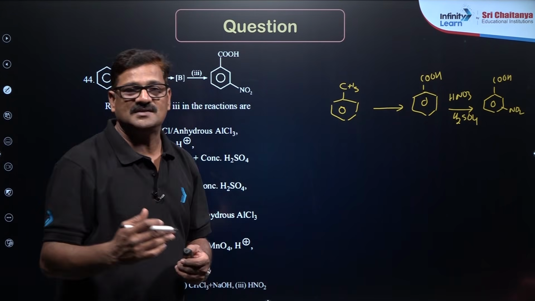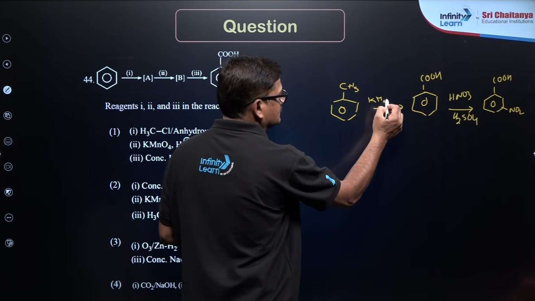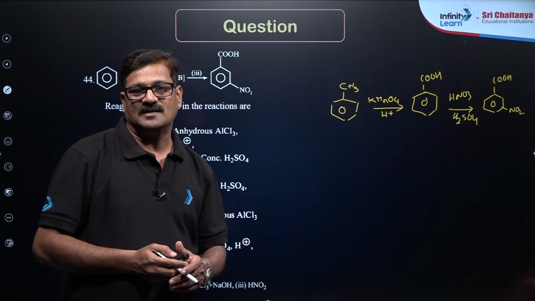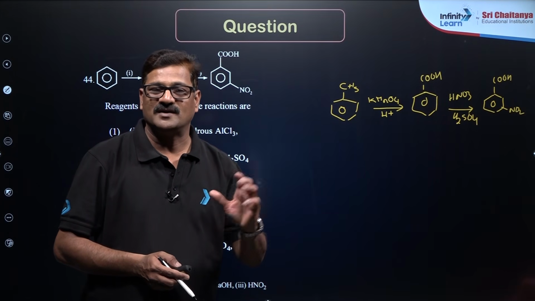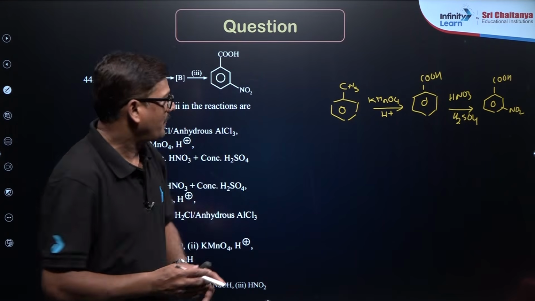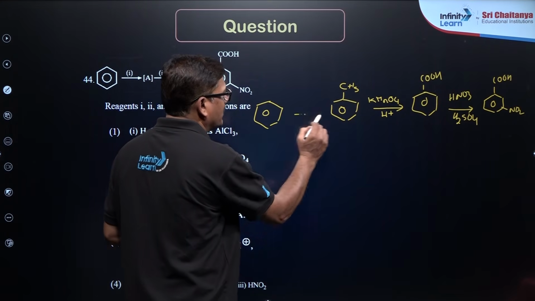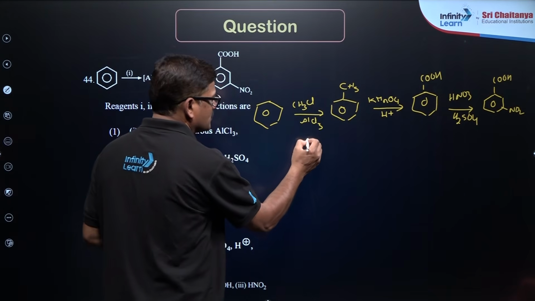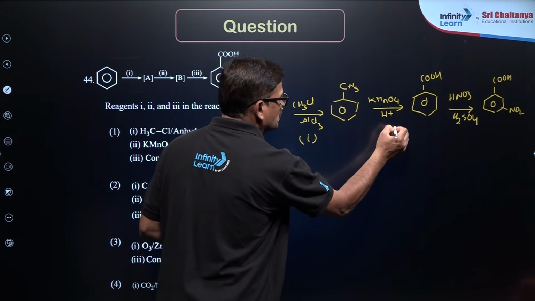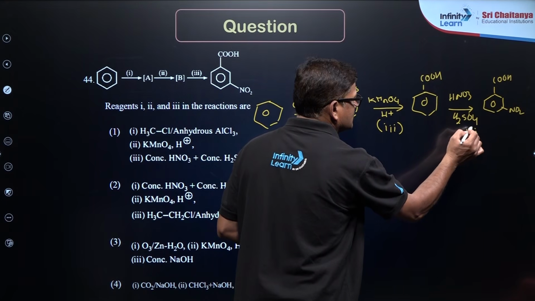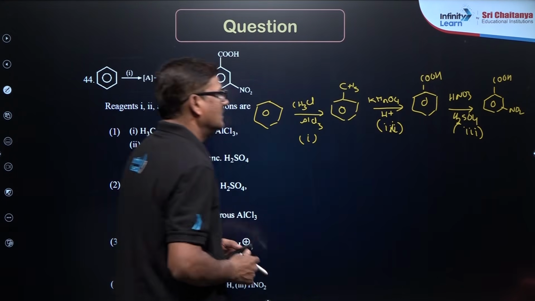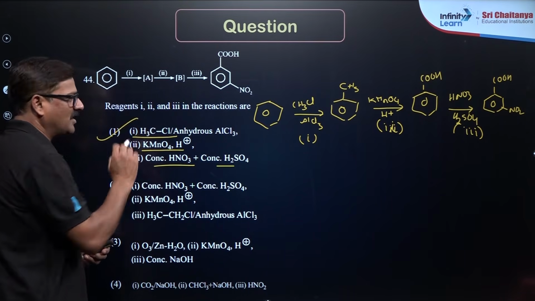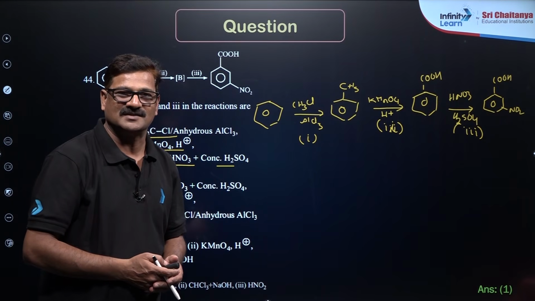Any alkyl benzene treated with KMnO4 gives benzoic acid, provided the benzylic carbon has at least one alpha hydrogen or a pi bond. Toluene is prepared from benzene by CH3Cl and AlCl3. So this is reagent 1, this is reagent 2, and this is reagent 3: Friedel-Crafts alkylation, KMnO4, concentrated HNO3. Option 1 is the correct answer for this question.